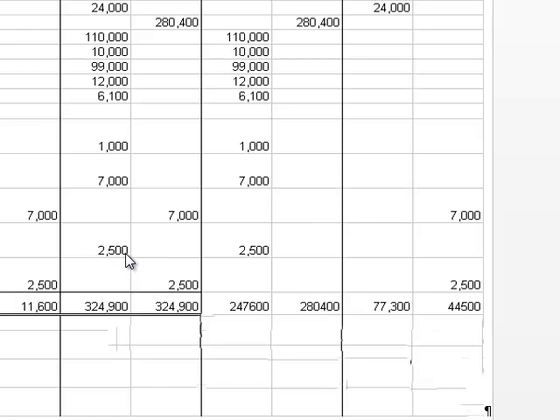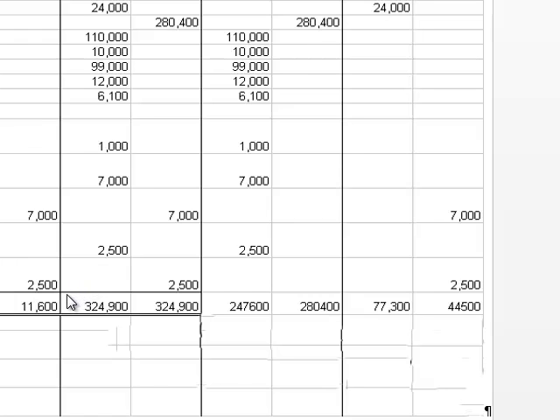No asset account ever gets closed. No liability account ever gets closed. And in equity, the capital account never gets closed. If you'll think back, remember when we branched out everything under equity from the capital account, we have withdrawals.